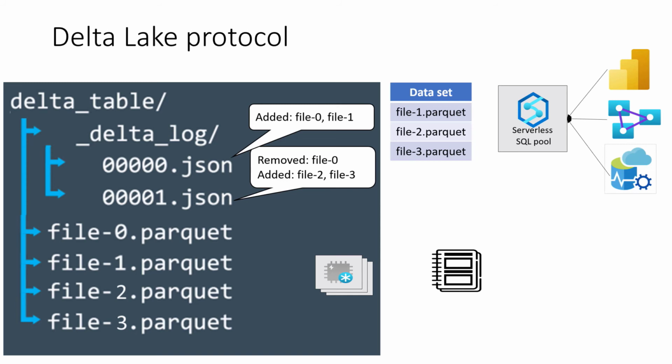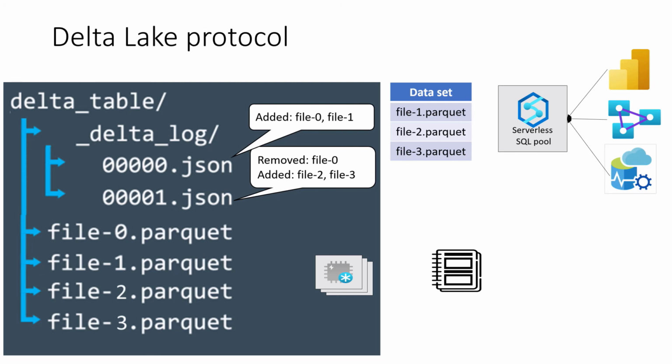Now, when we have Serverless or any other reader that reads data from Delta Lake, this reader will read entire Delta log folder. We'll see that in 0.json, we added file 0 and file 1, and in 1.json, we removed file 0 and added file 2 and file 3. And as a result, Serverless SQL pool will know that the valid files here are file 1, file 2, and file 3, and it will ignore file 0.